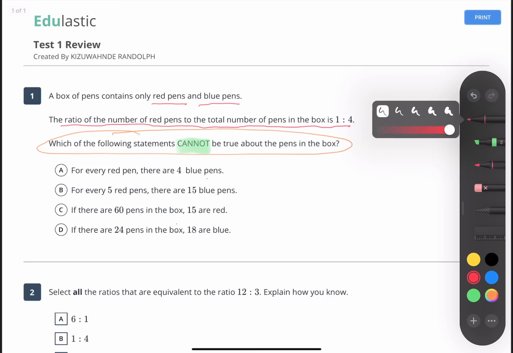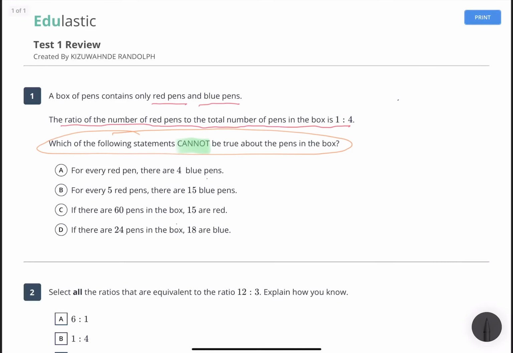Now, studying that ratio, that means that for every one red pen, there are 4 pens total. How did I know? Because the question says it's from the number of red pens to the total number of pens in the box.